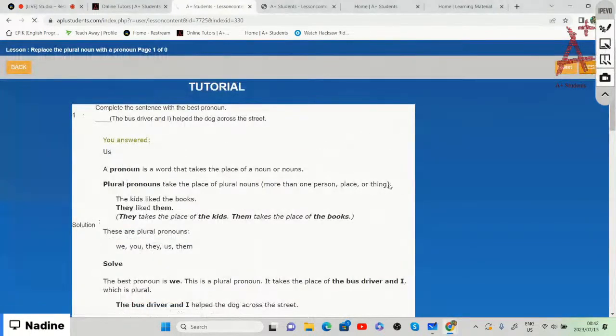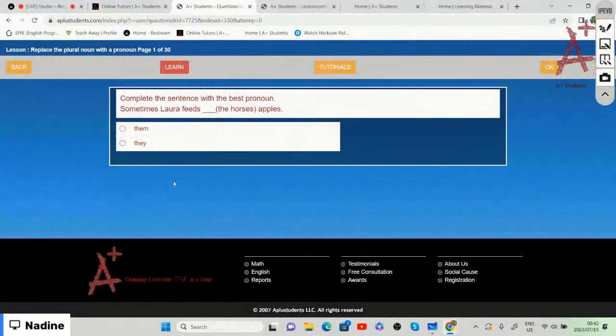All right, let's go to our test, right? All right, so we need to complete the sentence with the best pronoun. Sometimes Laura feeds the horses apples. So we need to replace the words the horses. So sometimes Laura feeds them apples, or sometimes Laura feeds they apples.